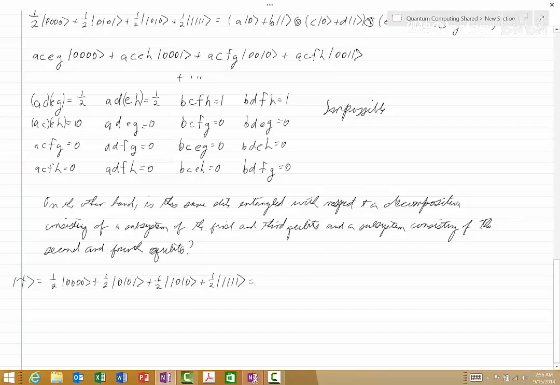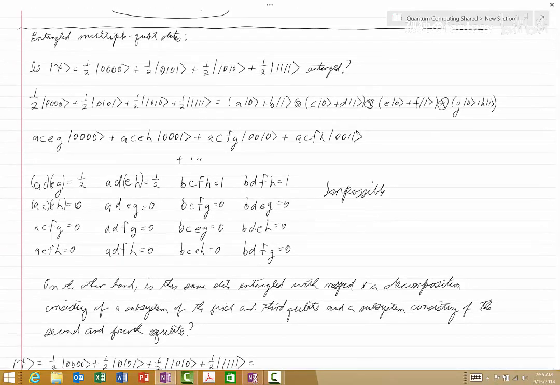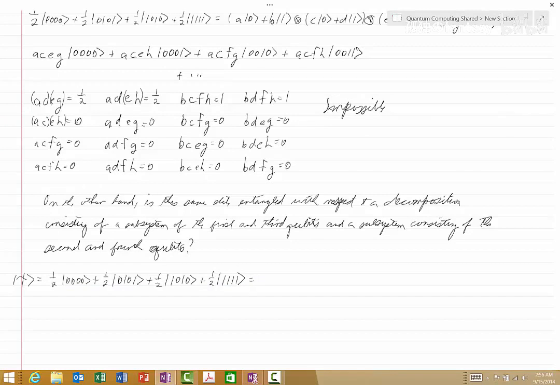And now again, we want to see if this can be written as a tensor product, but we're not going to use a tensor product where it's decomposed into all 4 qubits, but we're going to look into subsystems. One subsystem will have the first and third qubits, and the other one will have the second and fourth.